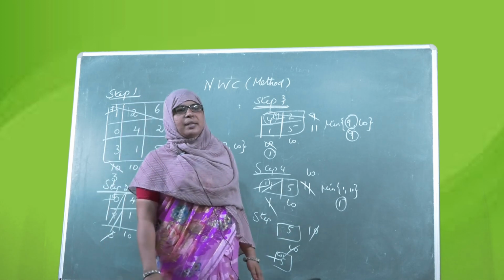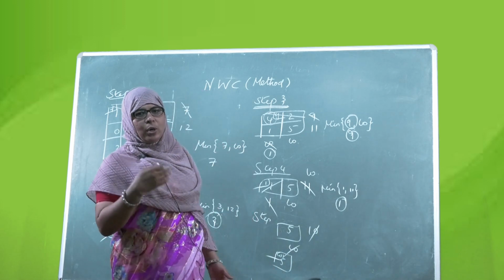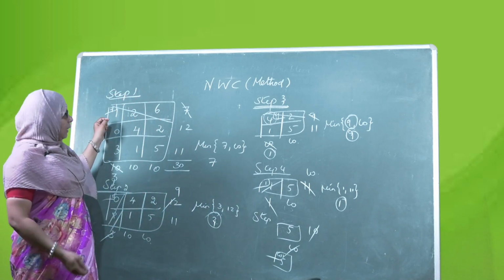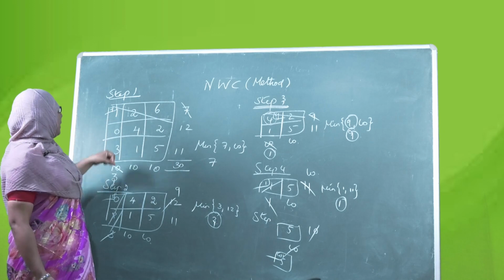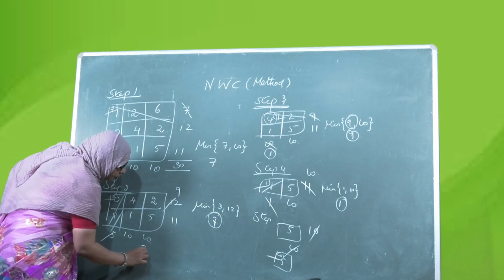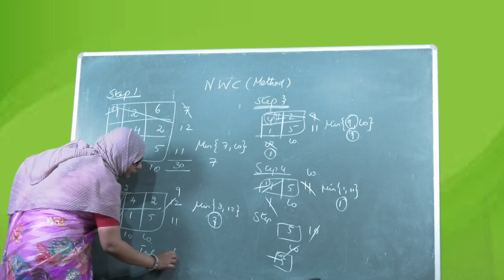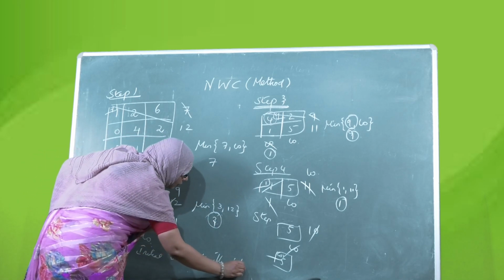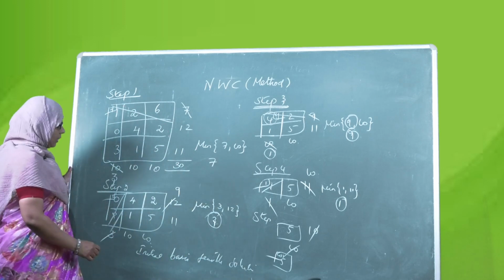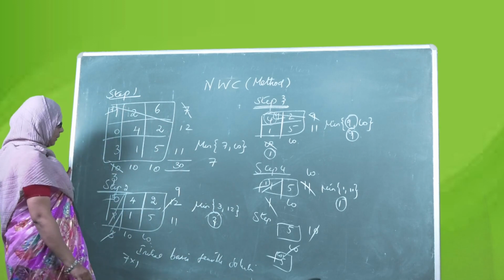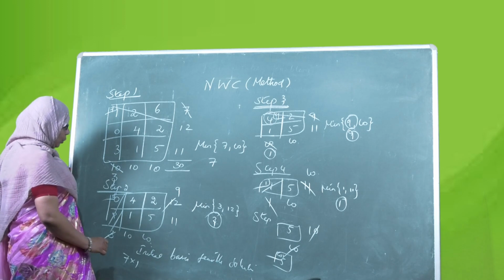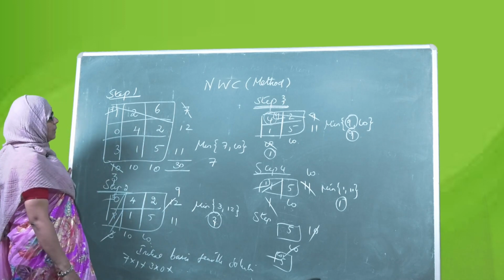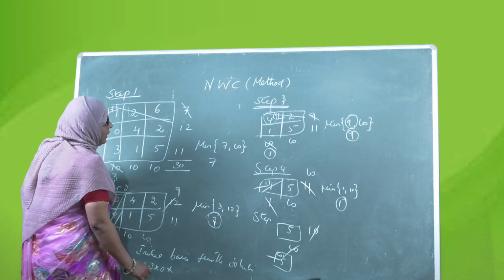So what is the initial basic feasible solution? What are the rules I have told in a previous problem? You multiply the cell element by the allocated element. So the initial feasible solution: 7 into 1, step 1. Step 2, plus 3 into 0. Plus step 3, 4 into 9.